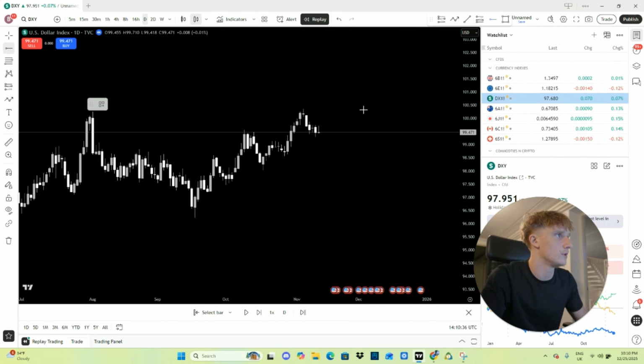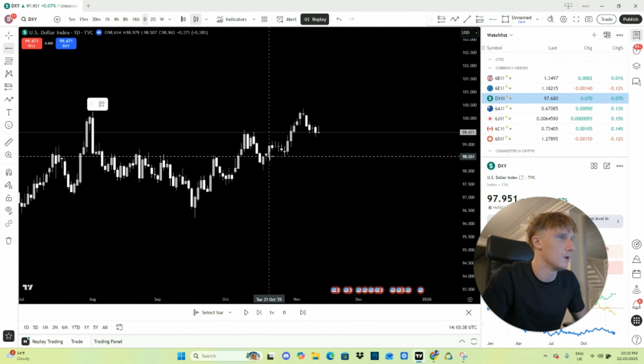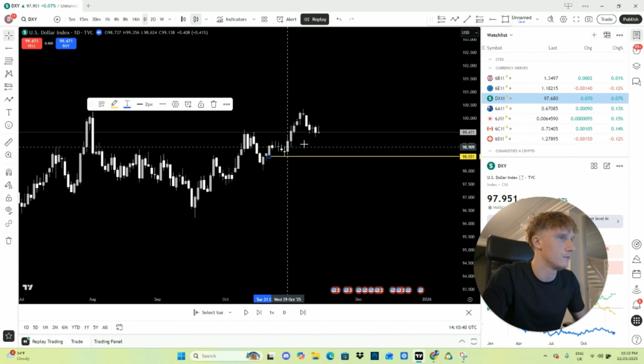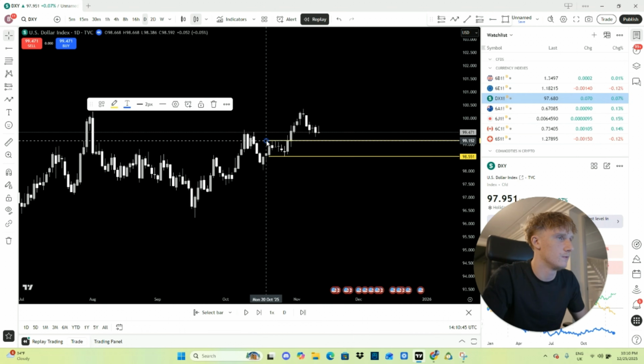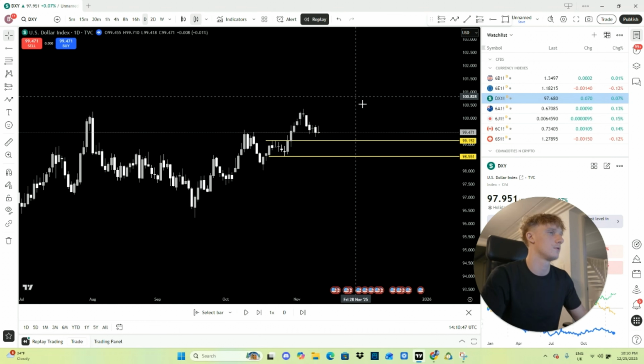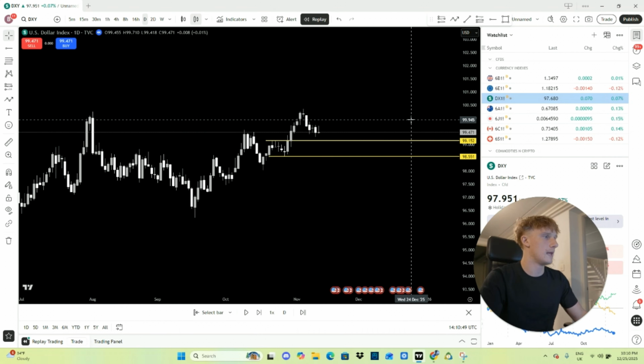So we mark out the lowest area within this indecisiveness and the highest area within it. Now what we've got is what you could call an imbalance.